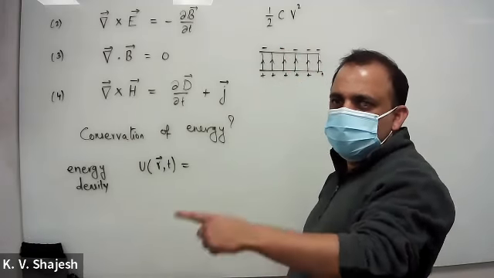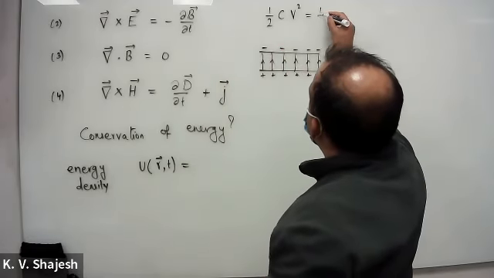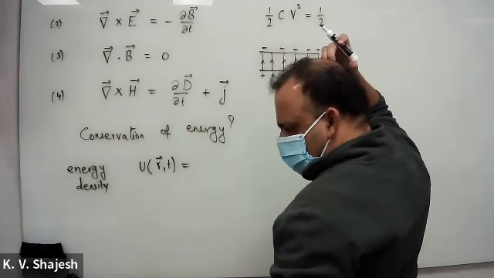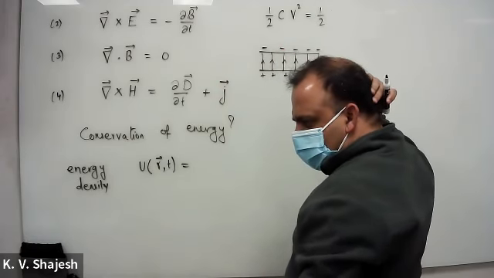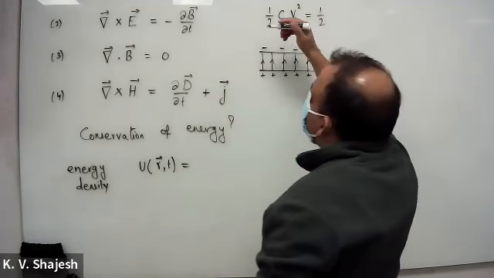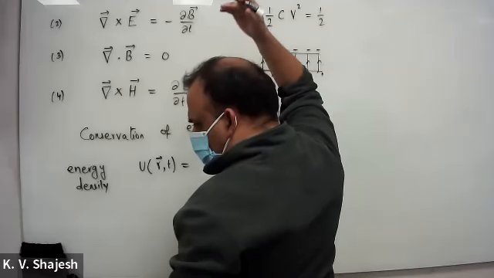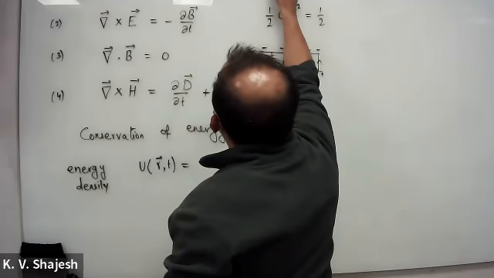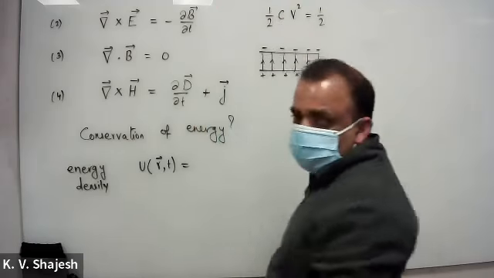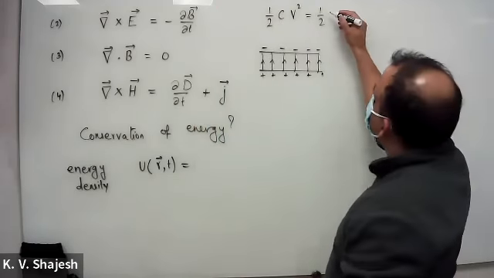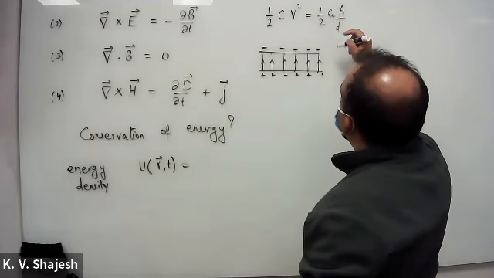If it is parallel plates, the capacitance is epsilon naught times area over the distance D.